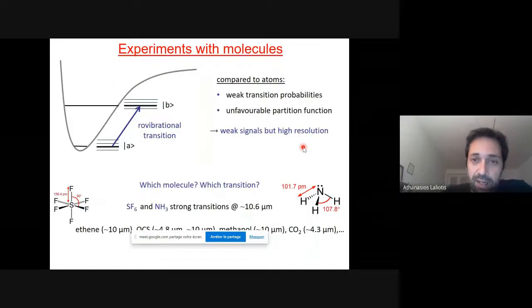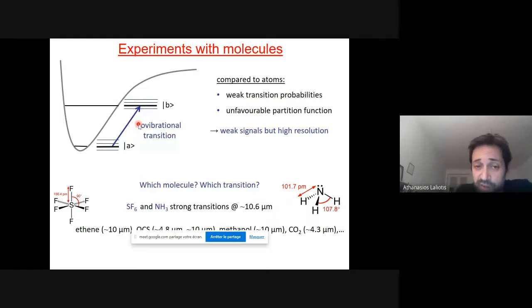Okay, so the difference compared to atoms is that molecules in their low vibrational transitions have a much weaker transition probability, and they also have a partition function. They have a lot of rotational states. So the molecules in their ground state are distributed around many rotational states, and therefore, when you probe a transition, you don't access the entire population.